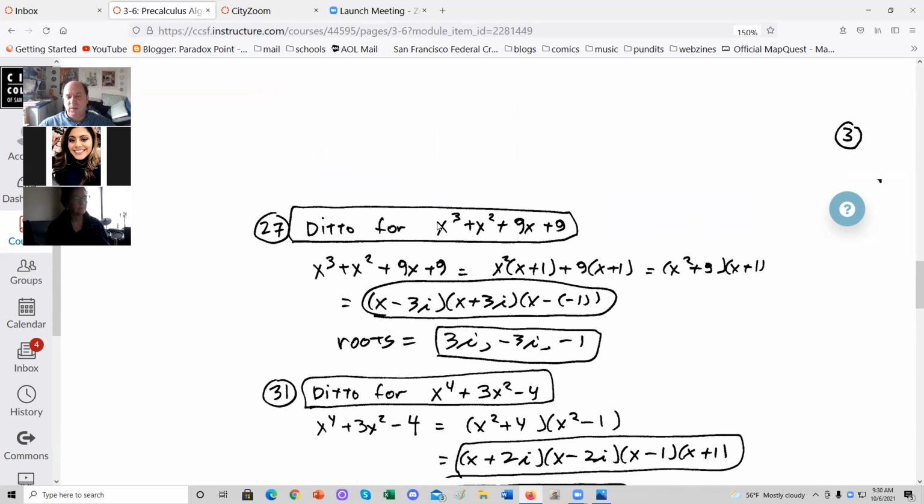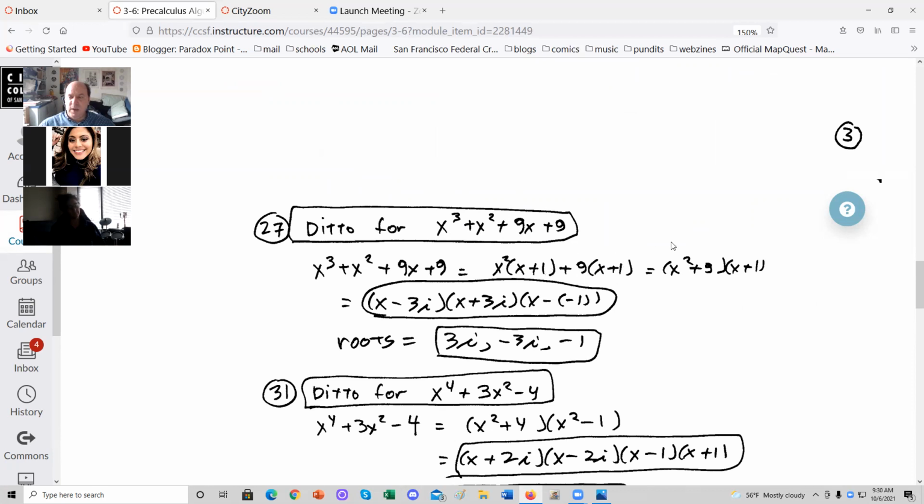Let's do the same for x cubed plus x squared plus 9x plus 9. This one factors by grouping. X cubed plus x squared factors into x squared times x plus 1, and 9x plus 9 factors into 9 times x plus 1. So x squared times x plus 1 plus 9 times x plus 1.